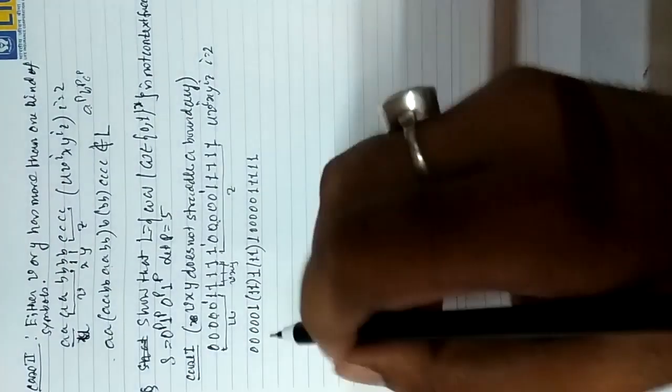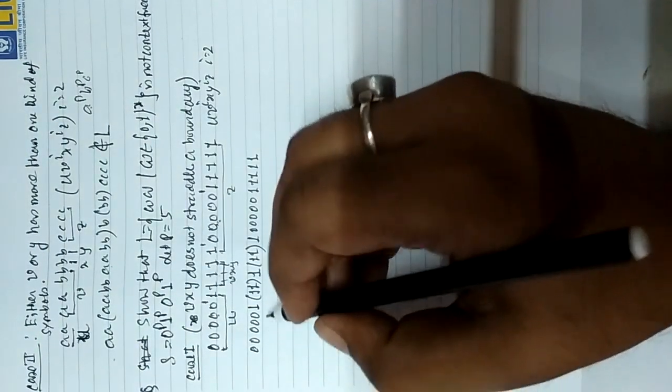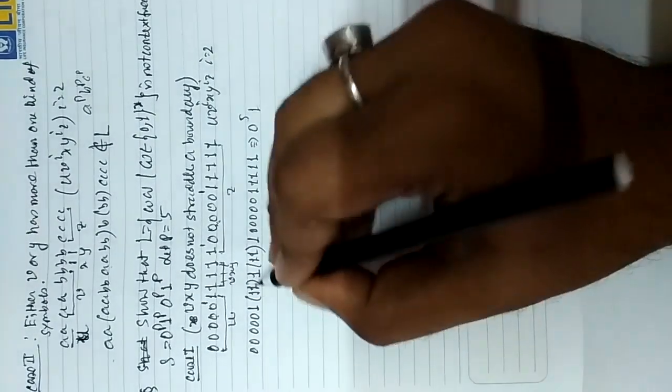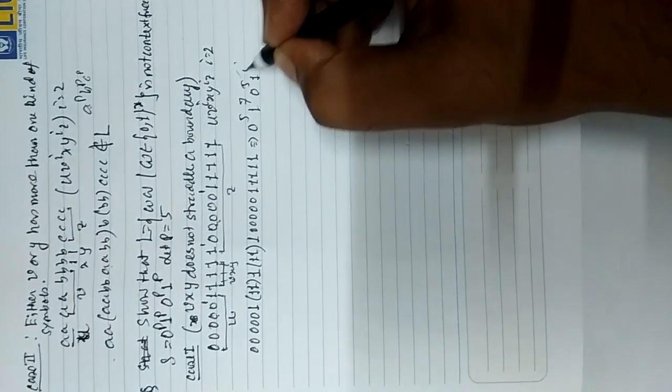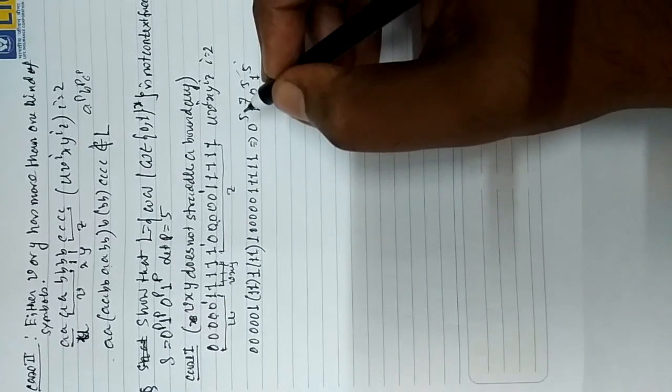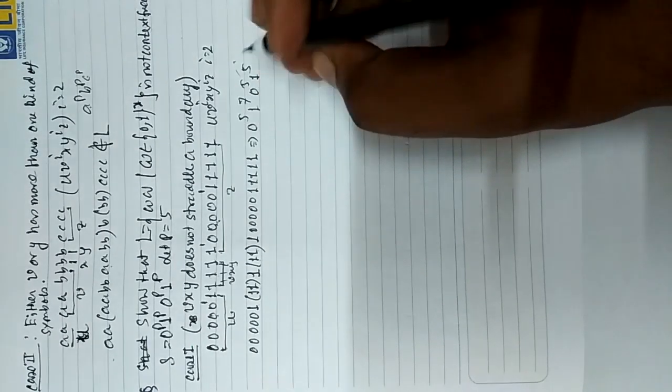So what we are getting is 5 zeros, that is 0 to the power 5, then 1 to the power 1, 2, 3, 4, 5, 6, 7, then 0 to the power 5 again, and 1 to the power 5. Now see, this has been changed. Why?